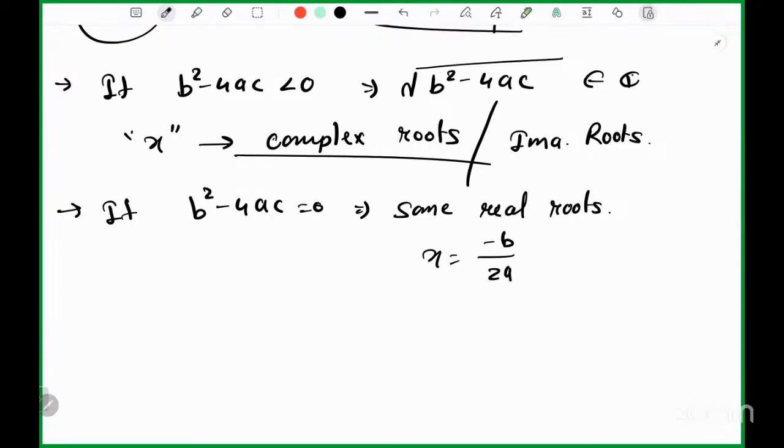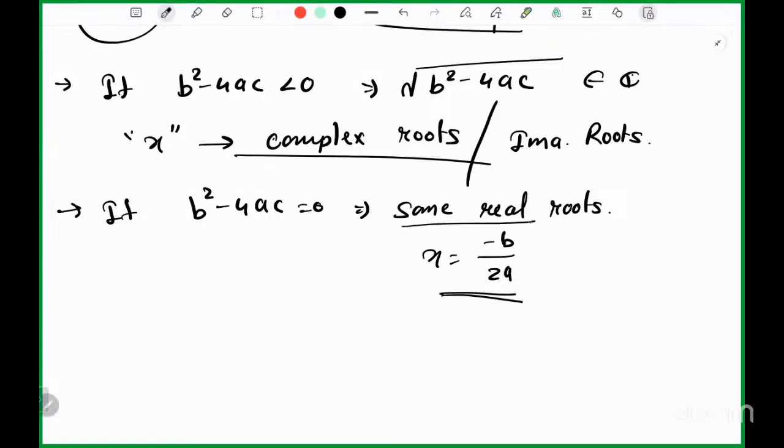Is there anything special about this x equals minus b by 2a? Can you say what that root will be if b square minus 4ac is equal to 0? There's only one root, which means the vertex is on the x-axis. Correct.